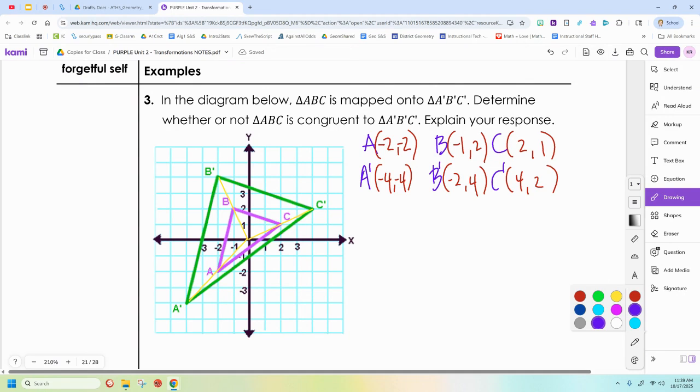Okay, so let's go back here to the beginning. Determine whether or not triangle ABC is congruent to A prime, B prime, C prime. All right, I think we have some proof here, right? So triangle ABC is not congruent, I'm going to use the symbol, to triangle A prime, B prime, C prime.